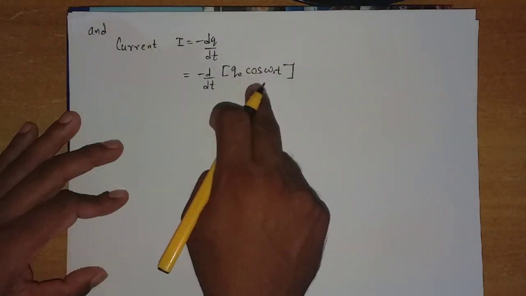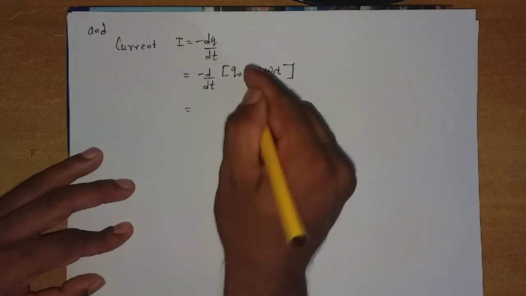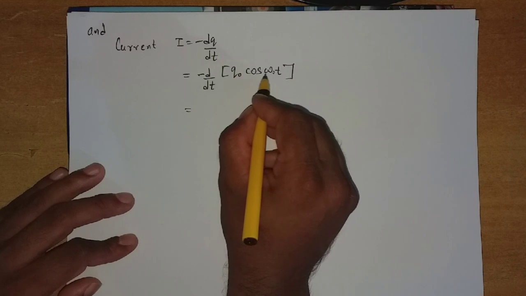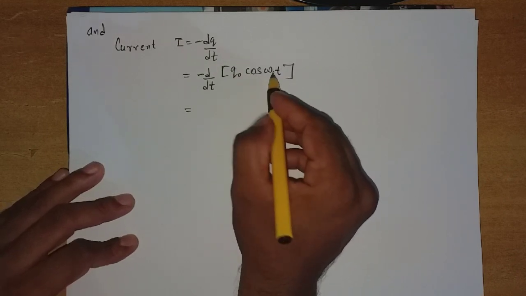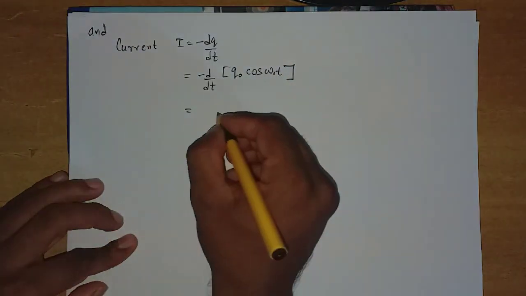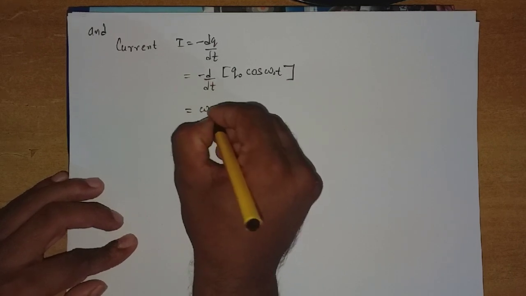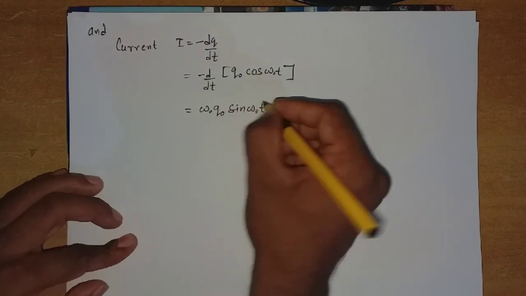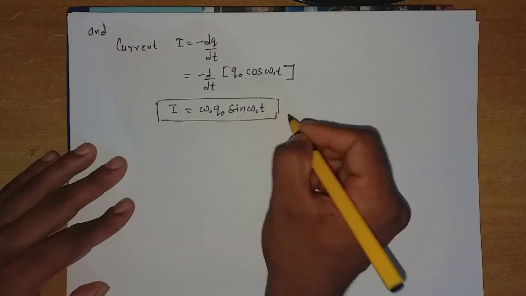Clear? This is the value which we derived here. Now q naught is a constant term so it comes out. Differentiation of the cos term is minus sine omega naught t, and differentiation of omega naught t is omega naught. So finally minus minus is gone, and it will be omega naught q naught sine omega naught t. This is the equation for current in LC oscillation.